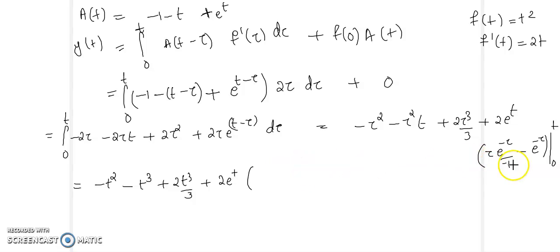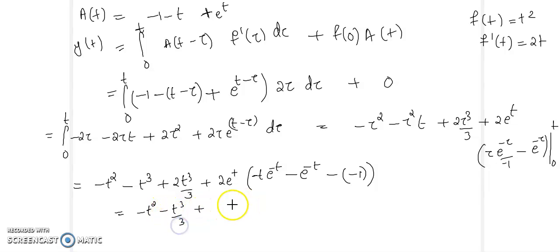So for the first one, let us give the limit at t. So t minus t e raised to minus t minus e raised to minus t minus 0, then minus 1. So that will be minus t square minus t cube plus, okay, so here you will get minus t cube by 3, then minus 2t minus 2, then plus 2 e raised to t.